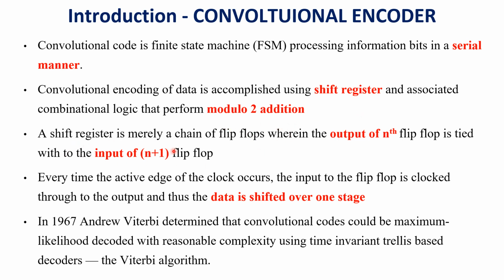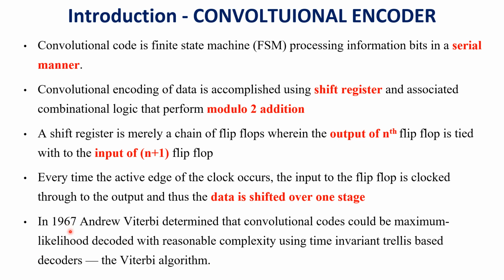A shift register is a chain of flip-flops wherein the output of the nth flip-flop is tied to the input of the n plus 1 flip-flop. So it's a kind of chain. Every time the active edge of the clock occurs, the input to the flip-flop is clocked through to the output, and thus the data is shifted over one stage. This is the basic operation of a shift register.